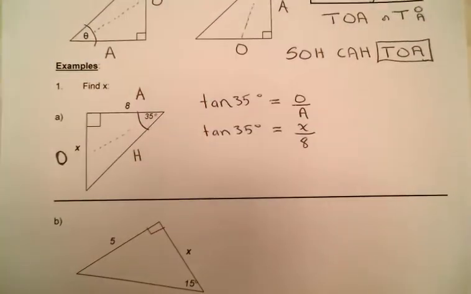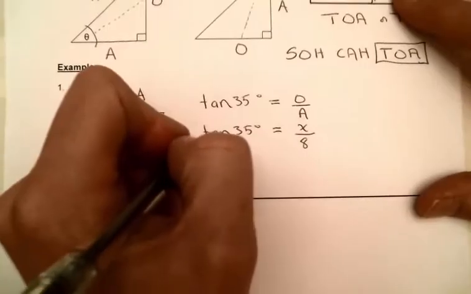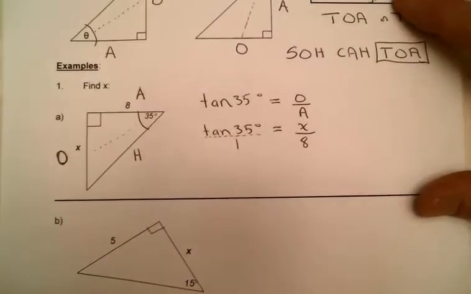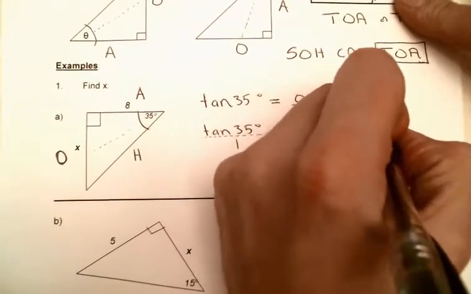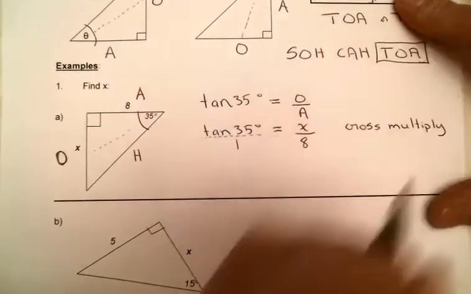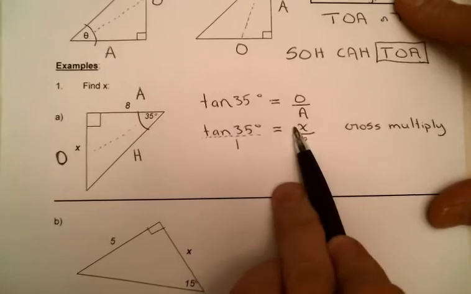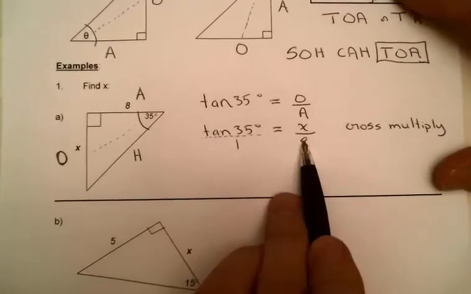To solve this is actually quite easy. Who remembers cross multiplication? The idea is that you imagine this as a fraction over 1, and you can cross multiply. It's actually an easier version of cross multiplying. Cross multiplying means you would multiply 1 times x, and then the tan of 35 times 8.